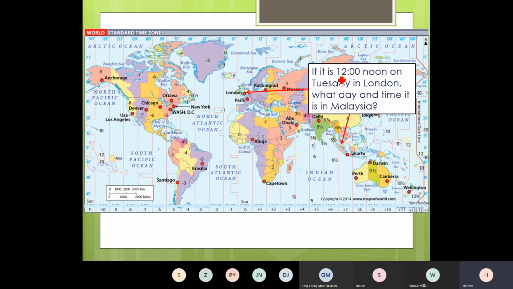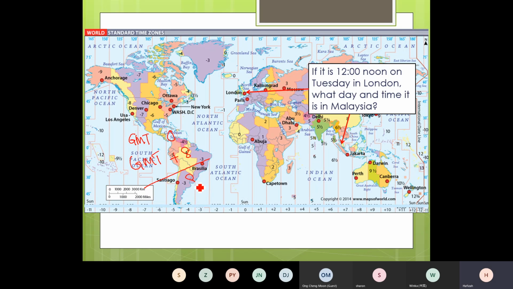So, if you look on here, if it's 12 noon on Tuesday in London, what day and time is it in Malaysia? Just now I gave you an example already. You know that the GMT of London is 0. So, what is the GMT of Malaysia? Plus 8.